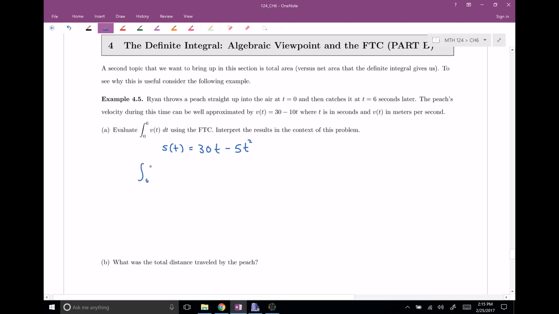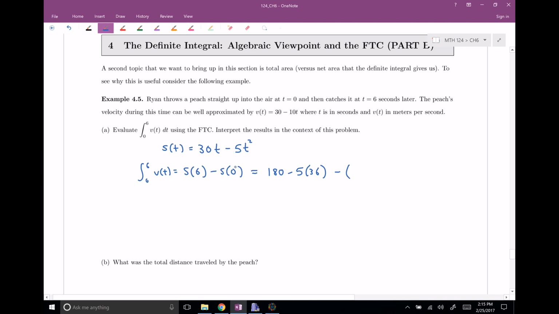And so therefore, the definite integral from 0 to 6 of v of t is going to be equal to s of 6, this is the antiderivative, minus s of 0. So the position at 6, if I plug that in, I'm going to get 30 times 6, that's going to be 180, minus 5 times 6 squared, that's 36 times 5, which is 180, minus s of 0.